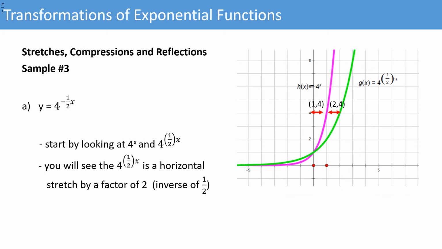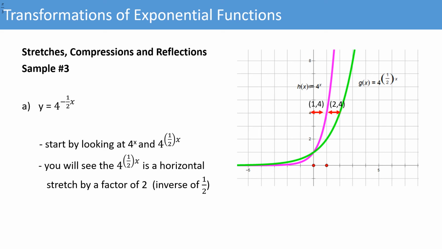In this sample, y equals 4 to the exponent -1/2 x. We're going to graph the original graph, 4 to the x, which is our magenta color. And then we're going to graph y equals 4 to the 1/2 x, which now is our green color.